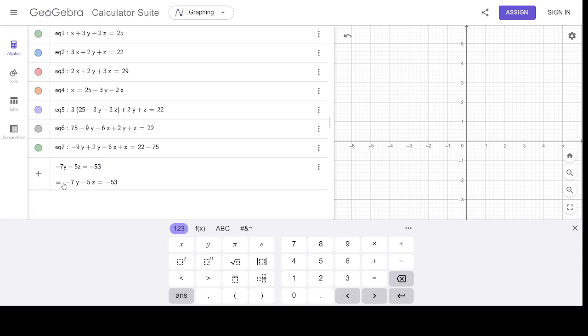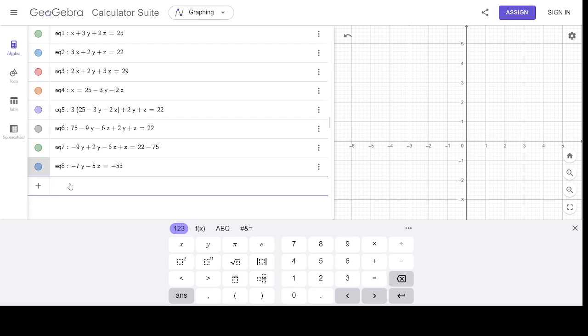So if we multiply by minus 1 in bracket, minus 7y minus 5z is equal to minus 53, and remember we multiply through by negative 1, so the right side also changes sign.